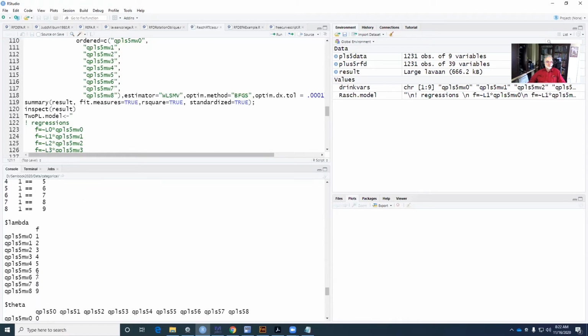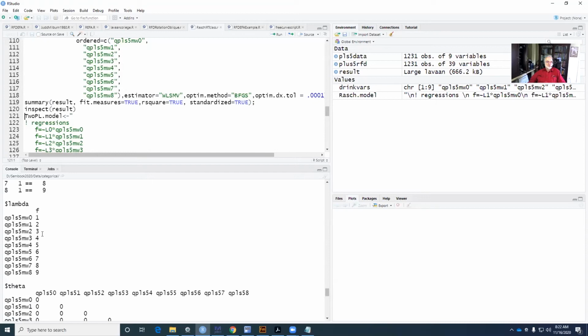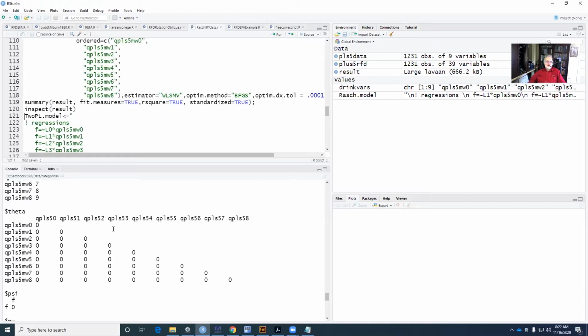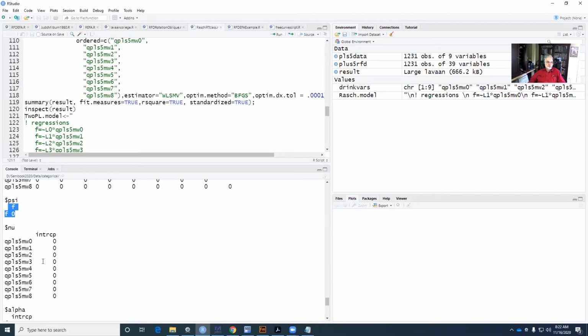So this is a fancy way of saying parameter 2 is equal to 1, 3 is equal to 1, and so forth. And here they all are. I have no thetas because these are ordered categorical variables. I have no freely estimated psi matrix of variances and covariances of latent variables because I fixed the variance to 1.